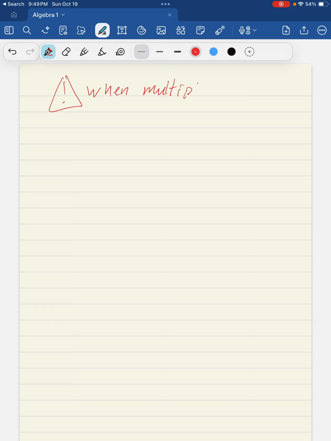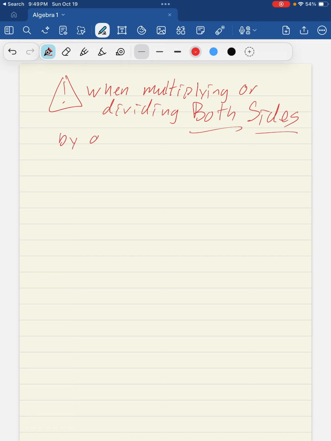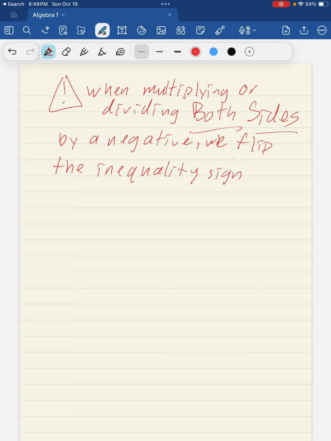When multiplying or dividing both sides by a negative, we flip the inequality sign. Okay, we flip.